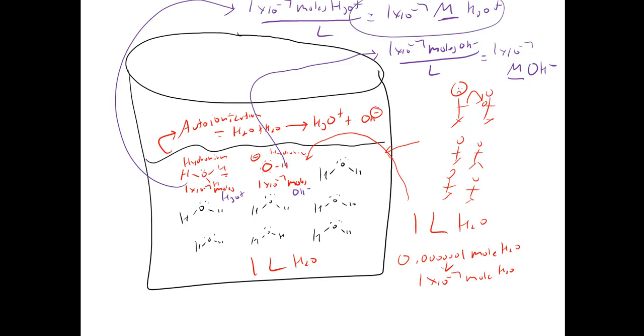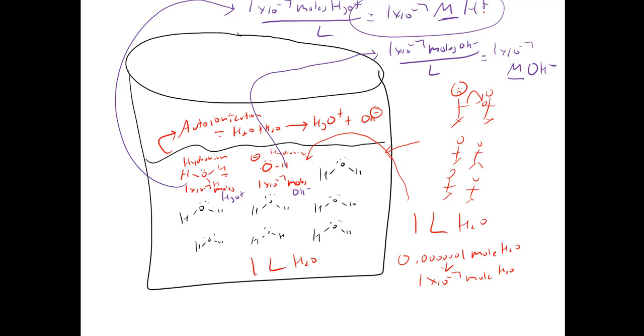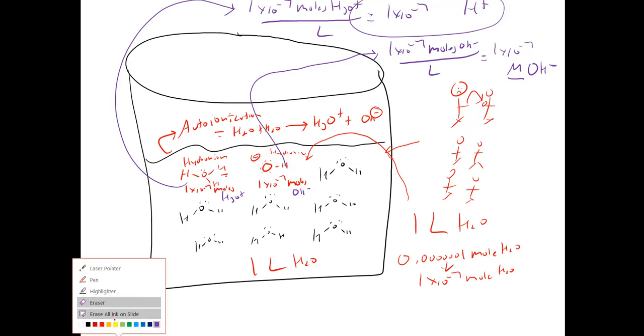Now, we do get lazy after a while. Instead of writing out H3O plus, we'll often do this. It will be summarized as this notation, H plus, and that means H3O plus. We get even lazier, and instead of writing it like this with molarity, we'll go ahead and put brackets around it.